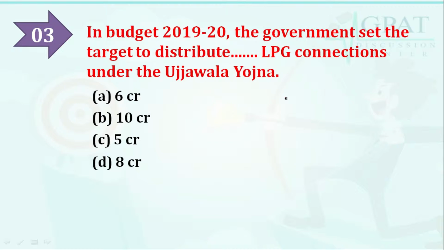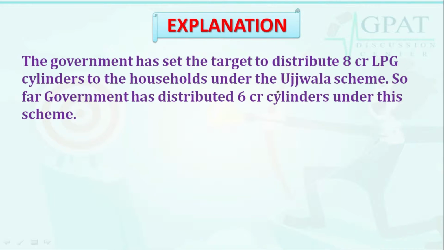So the correct option is that the government set the target to distribute around 8 crore LPG connections under the Ujjwala Yojana. Let's discuss in brief: the government has set the target to distribute 8 crore LPG connections or cylinders to households under the Ujjwala scheme.